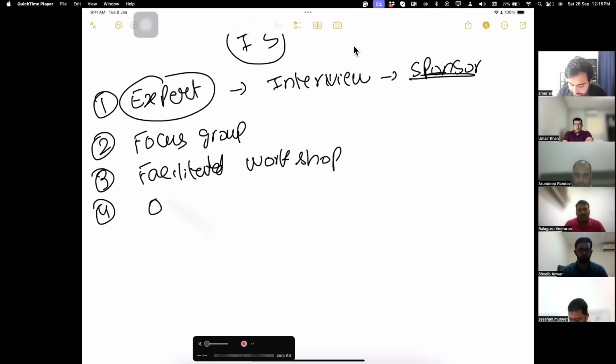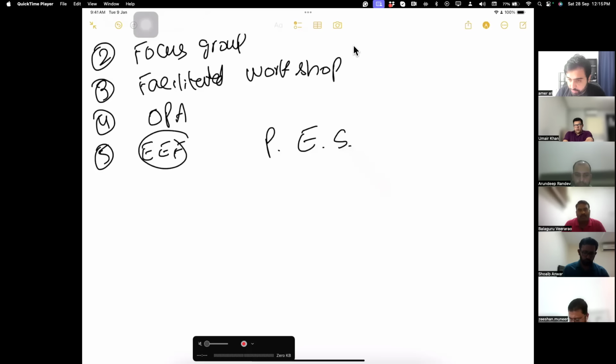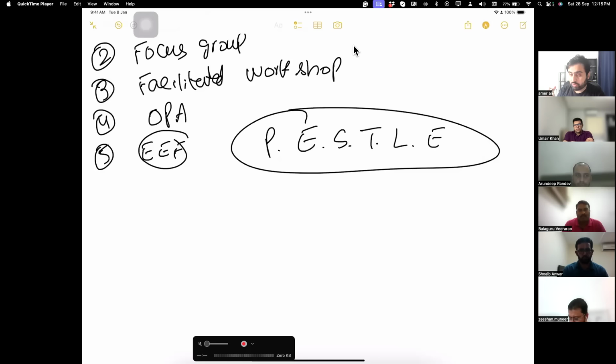You can look at organizational process assets, your past lessons learned registers. You can look at EEF. I love EEF in this case. You can easily tell who are the political, economic, social, technical, legal and environmental stakeholders. The entire PESTLE we get through here, internal as well as external.